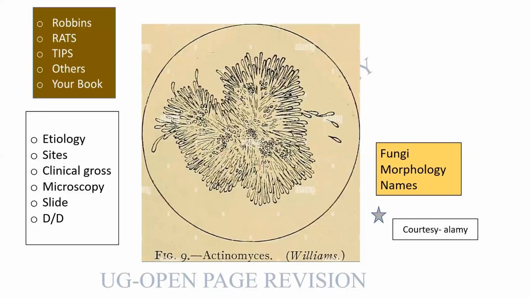The differential diagnosis will be hyphae, which are broad and short, as in the case of eumycetoma, but that will be occurring in the extremities, particularly the leg. So these things you people should be knowing. Again, opportunistic fungi can be a very rare question or can come in MCQs.